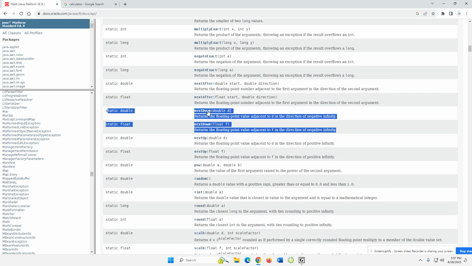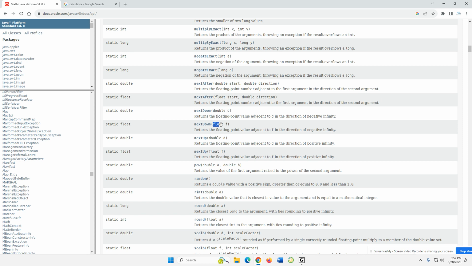It has one that takes in a double and it has one that takes in a float. And that's basically the idea of the Math class, which is really fascinating. You could actually do math in Java if you want. Again, because we are not a math class, we're not going to talk about math too advanced here. I just wanted to show you that it's possible in Java.